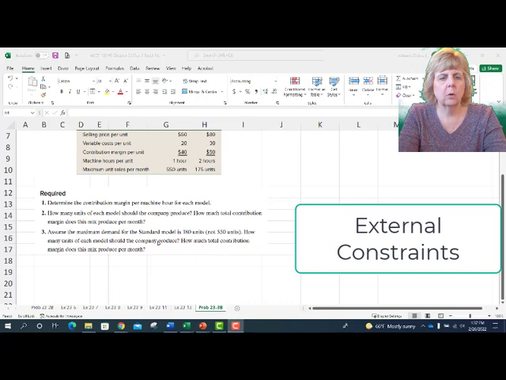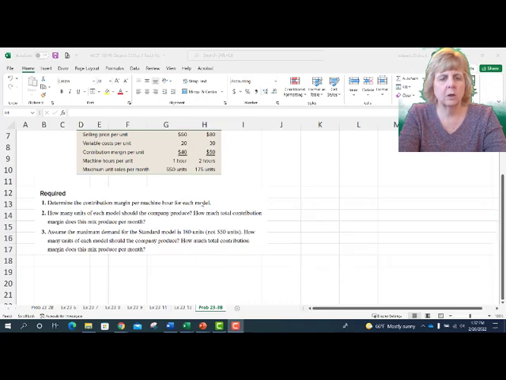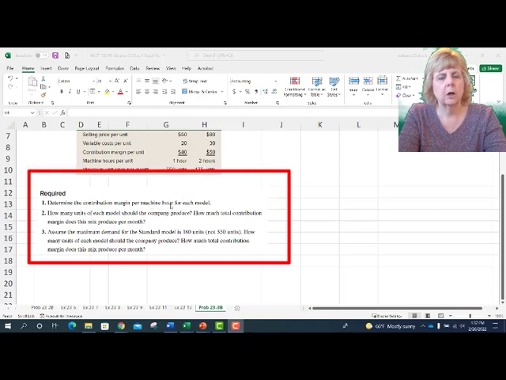So if you look at the requirements, as I mentioned, you're going to convert that contribution margin per unit to a contribution margin per machine hour, as number 1 asks you to do. You're going to get the maximum sales mix as well as the contribution margin that sales mix would bring in. And then they did a what if scenario on number 3.